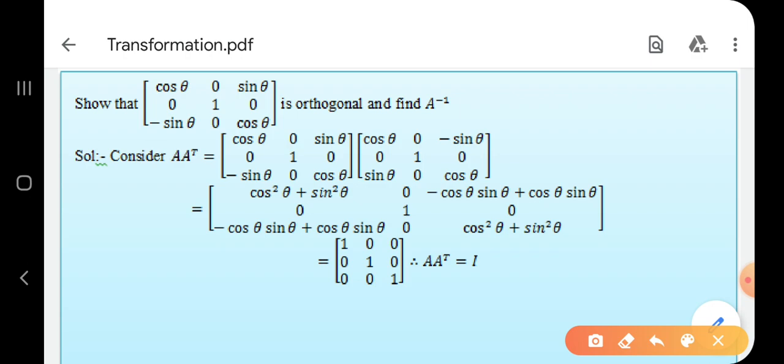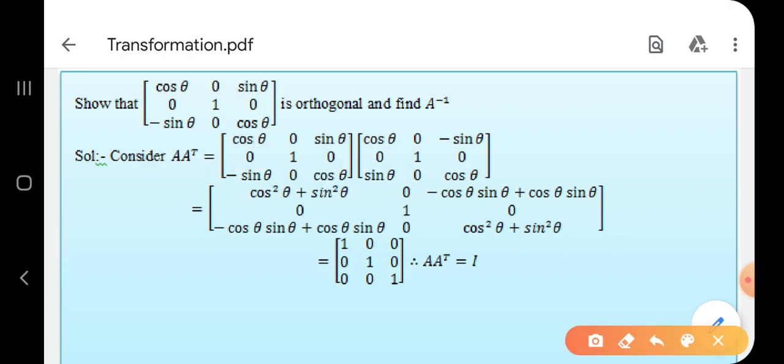Minus sin theta into cos theta, I get minus sin theta cos theta. Correct? Plus 0 into 0. And last one is cos theta into sin theta, I get cos theta sin theta.